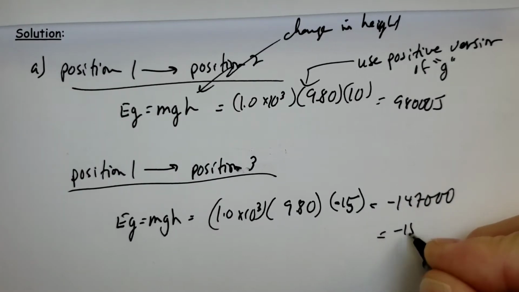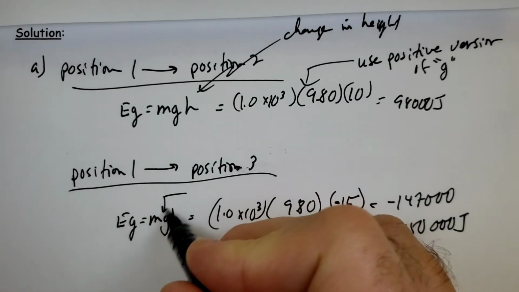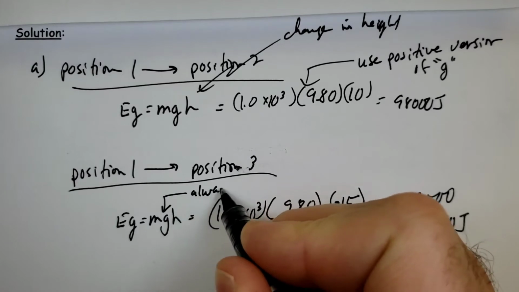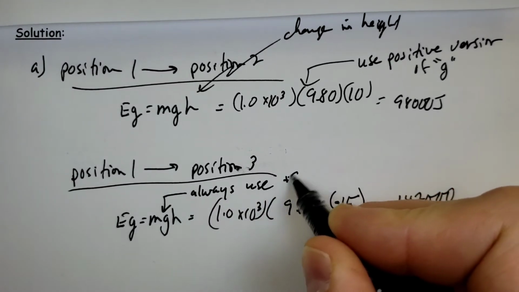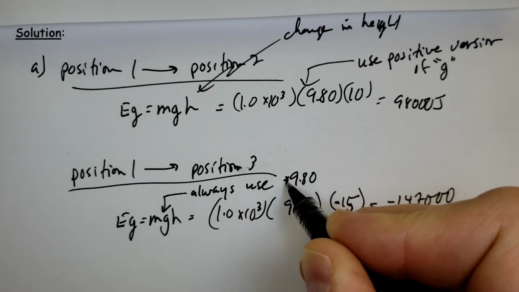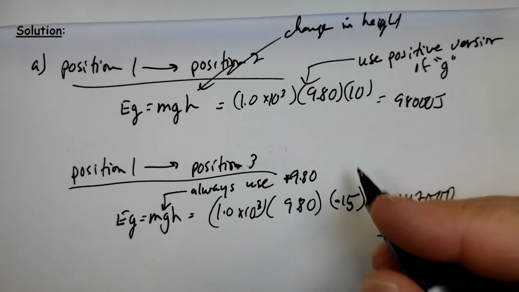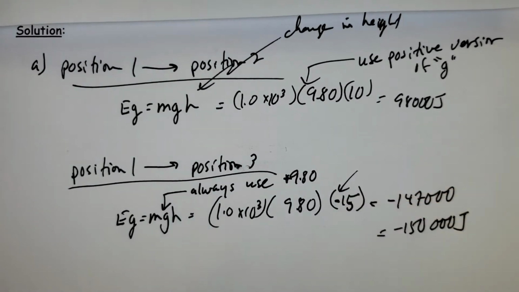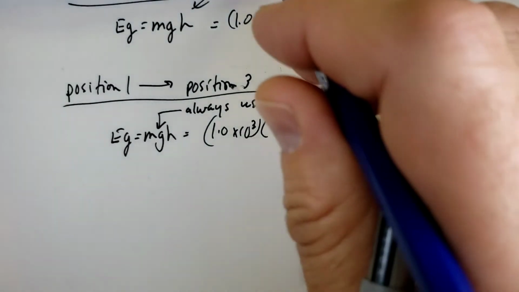Round that off to 2 sig figs. We use that. So again, over here, always use positive 9.8. Even if we're going down, that going down part will be applied here. Okay, so always use a positive 9.8 for little g here because we're assuming we're always lifting up against gravity, so it's positive.